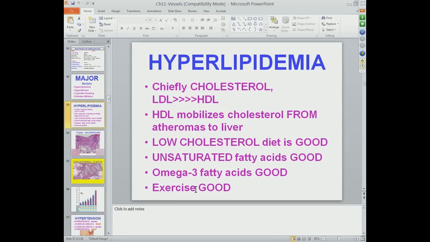So a lot of these big pools inside our arteries go back out into the blood. Most of your cholesterol in your artery is going into the plaque, but some is coming back out.